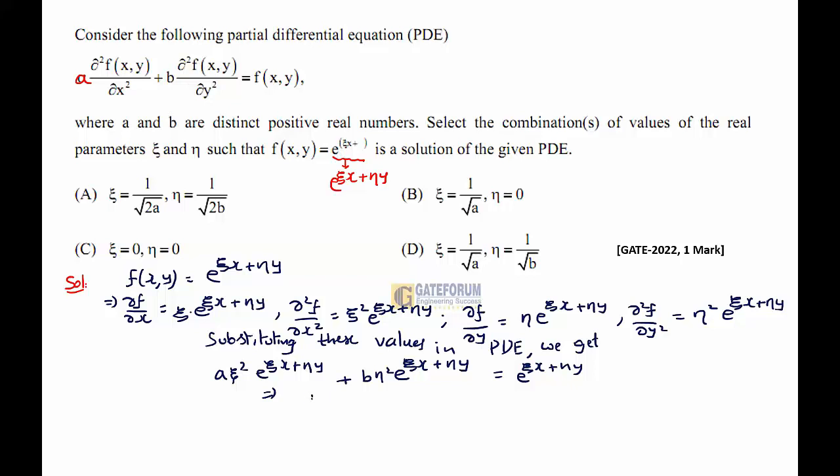You will get an equation in a, b, ξ, η: aξ² plus bη² is equal to 1.